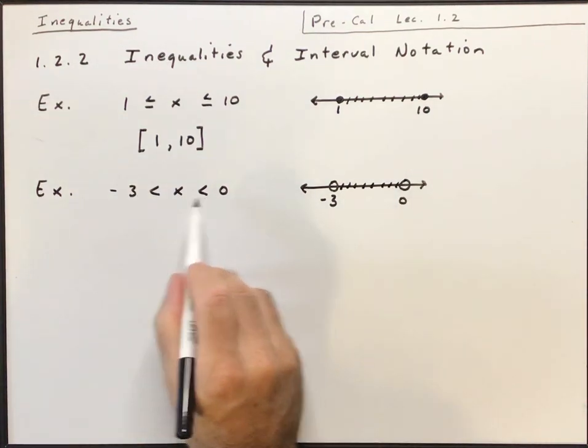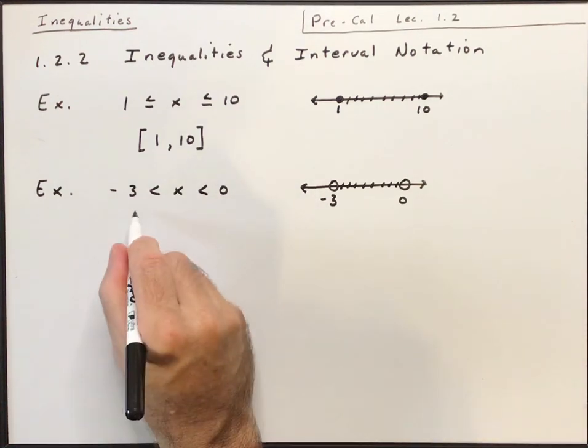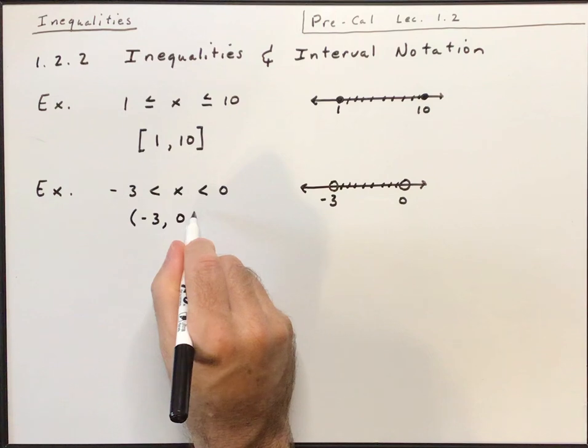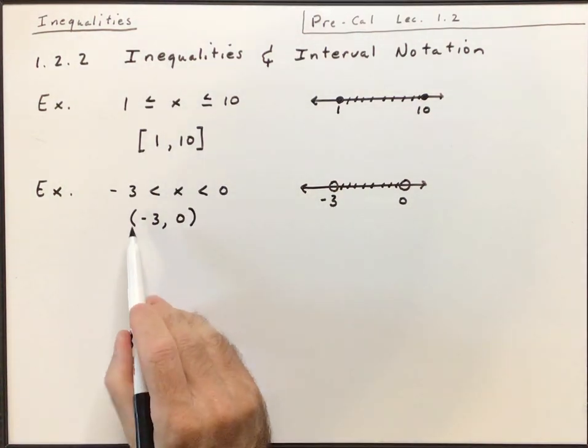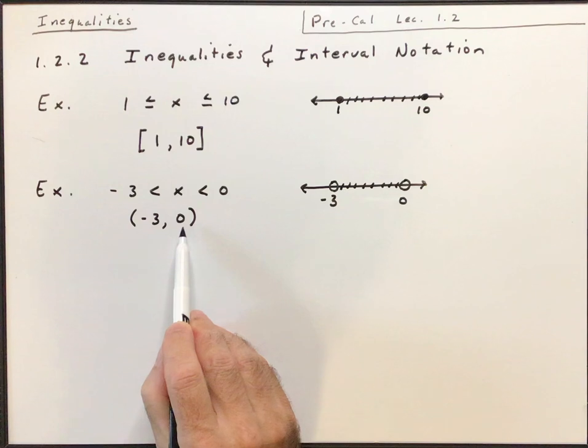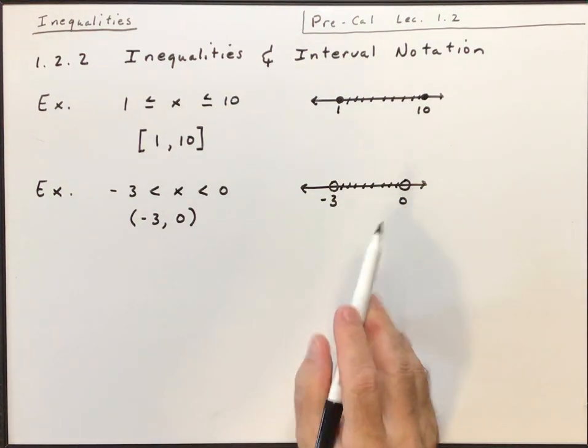Because neither endpoint is included. We don't have that equal sign there. And as an interval, it would be both parentheses, -3 to 0, but neither endpoint is included. This interval does not include -3 or 0, just everything in between.